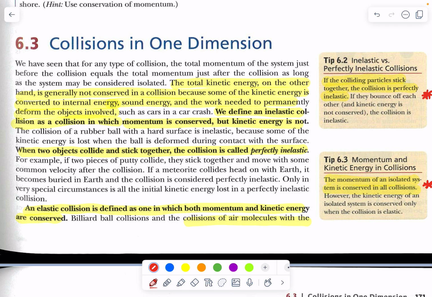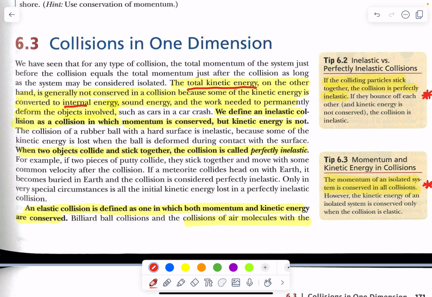We know that the total energy in any collision is going to be constant because energy is neither created nor destroyed. However, when we talk about the total kinetic energy, that is often not conserved in a collision because some of that kinetic energy goes to internal energy.